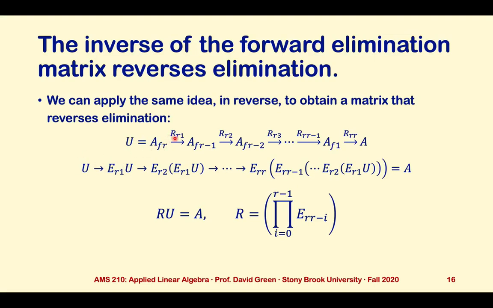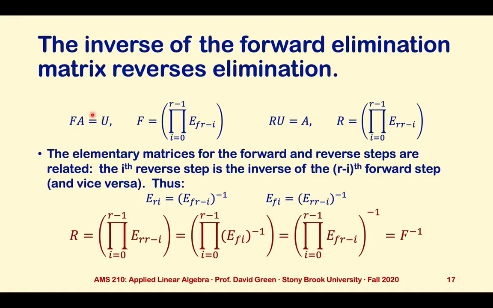U is multiplied by the matrix corresponding to this first operation. And then the result of this is multiplied by the matrix corresponding to the next one, and so on. And we get a perfectly analogous expression. I'll call this matrix R, the collection of all of these elementary matrices multiplied together. R times U gives us back A.